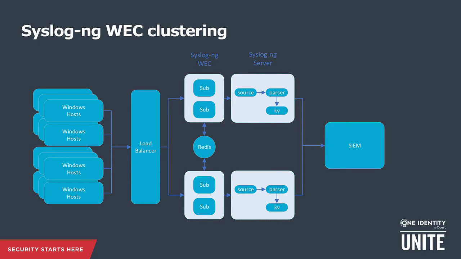Essentially, Redis is a networked key value database. It supports high availability clustering, so that we can allow an arbitrary number of WEC instances to record bookmarks to a single location. So this way the state information is shared and updated by all nodes, and it's guaranteed to be in sync. So if one node goes down, the others are still running and updating the state file.